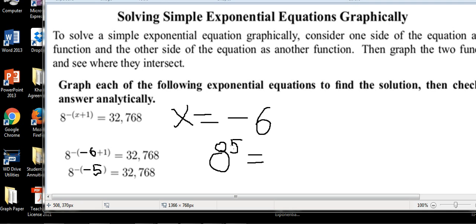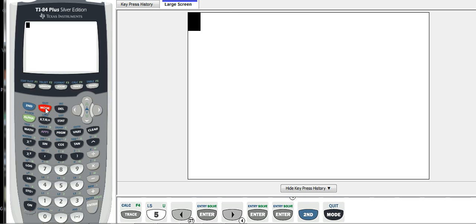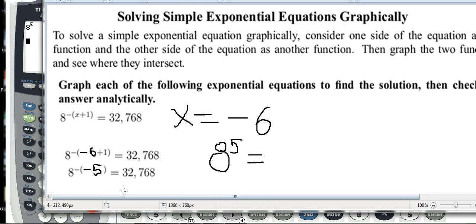Let's try 8 raised to the 5th power in the calculator. Second quit, 8 raised to the 5th power, and see if we're on the money here. 32,768. Okay.